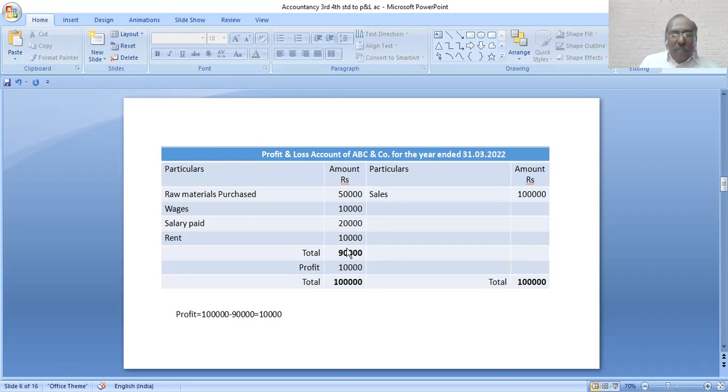Instead of first totaling all the expenses, then totaling the profit and then finding the total, we can just remove this line. When we total all the expenses and the profit, we get the sales amount. So we write down the sales on one side, expenses on the other side, find the difference, put the difference as profit, and total the expenses side also. That is what we did.